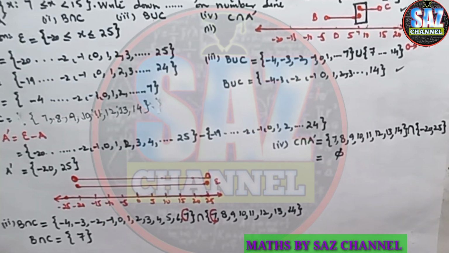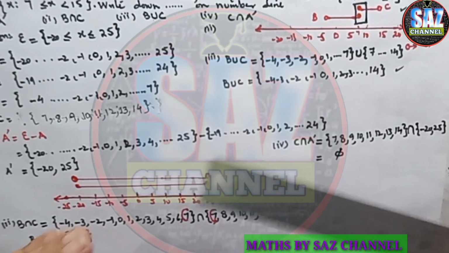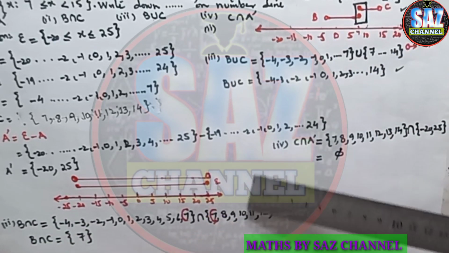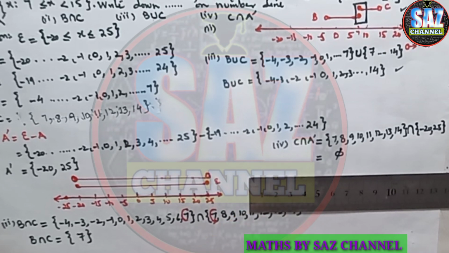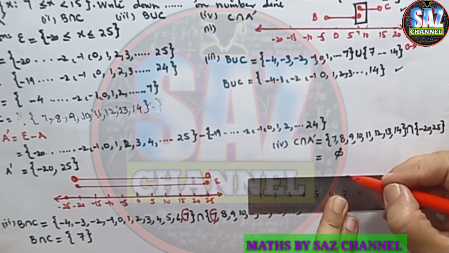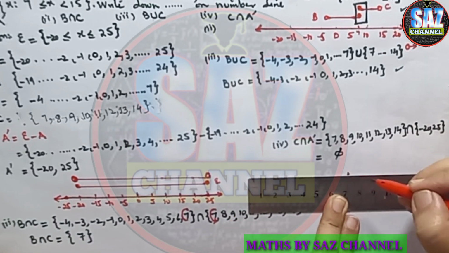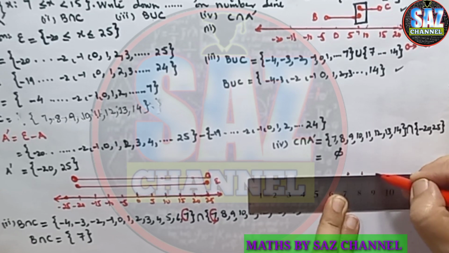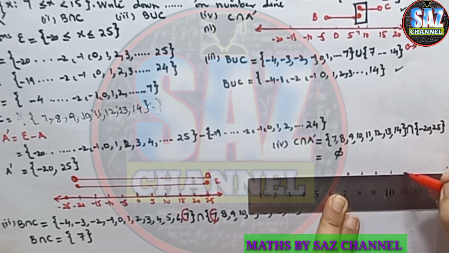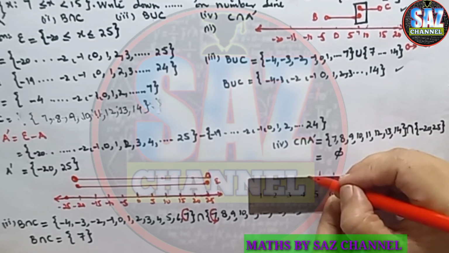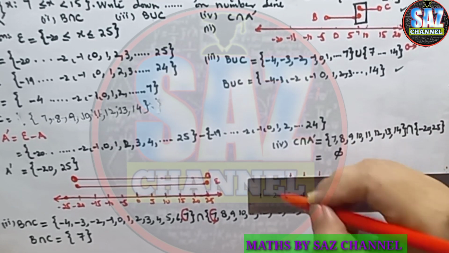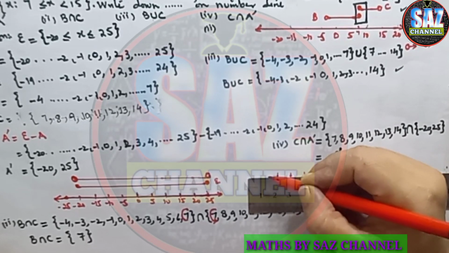Now again we have to draw the number line carefully. This is the 0 position, this is 5, 10, 15 and 20, and this is minus 5, minus 10, minus 15, minus 20, 25. I hope it's enough.